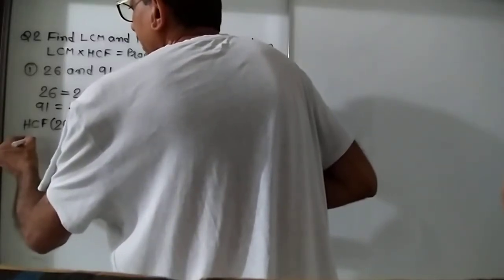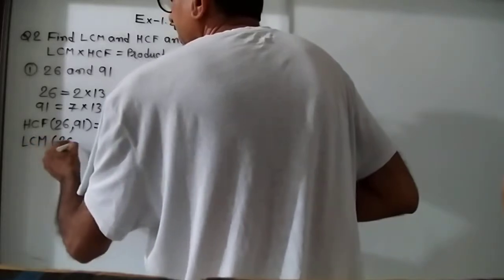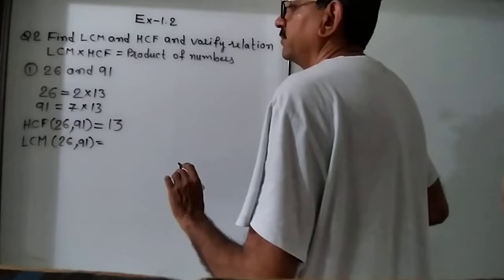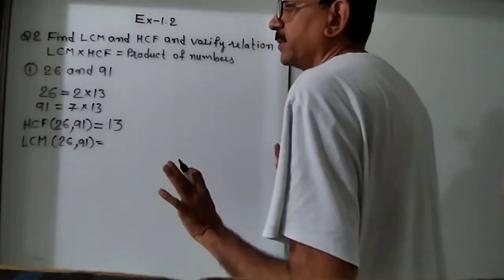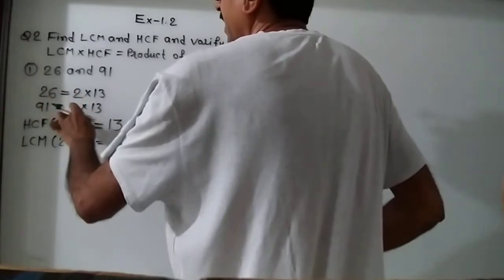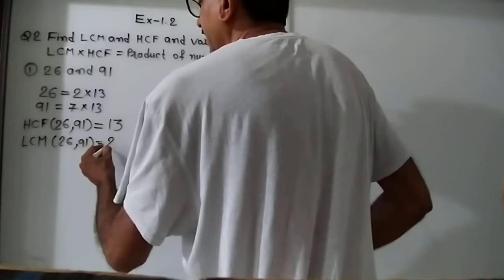Let's find the LCM of 26 and 91. All the factors, no factor should be left, and with maximum power. Here 2 one time, here we don't find 2 anywhere, but we have to write it.